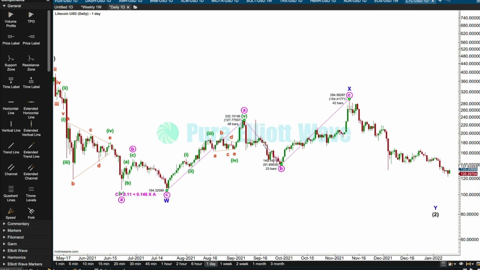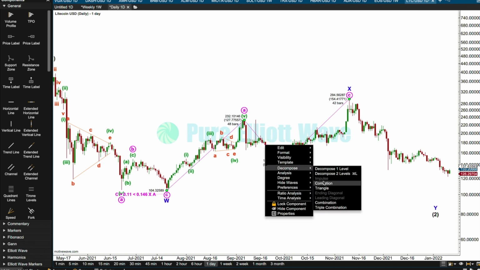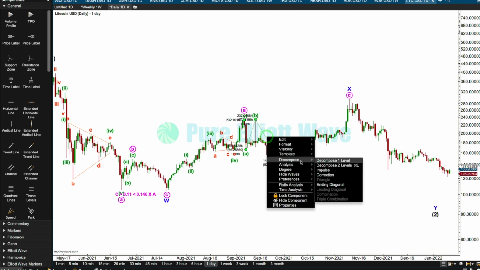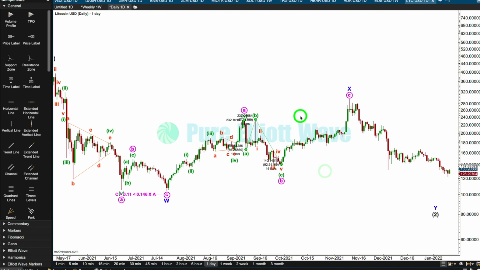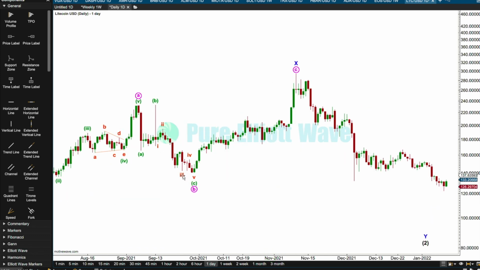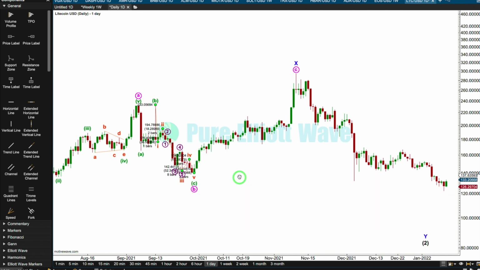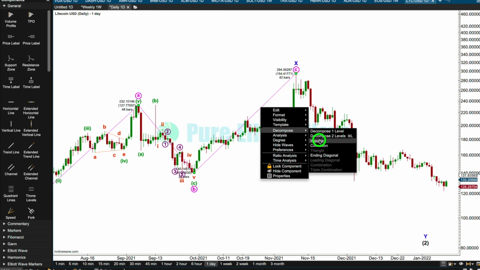And I think this is a zigzag, and this is a 5. Yeah, that looks okay. Is this going to subdivide as a 5 though?